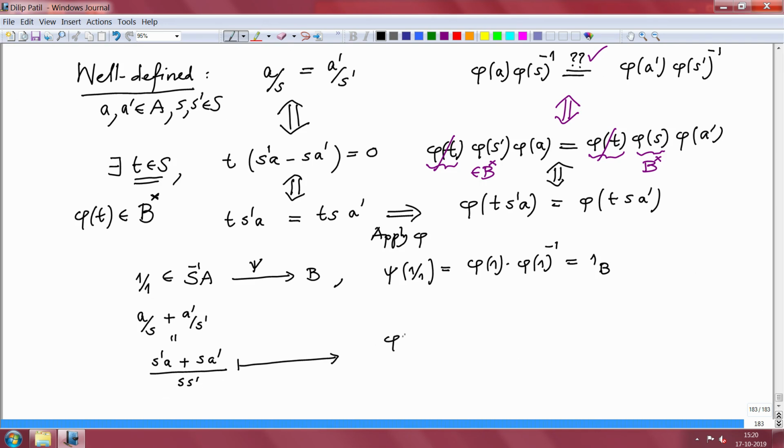So this is phi of S prime A plus S A prime times phi of S S prime inverse.